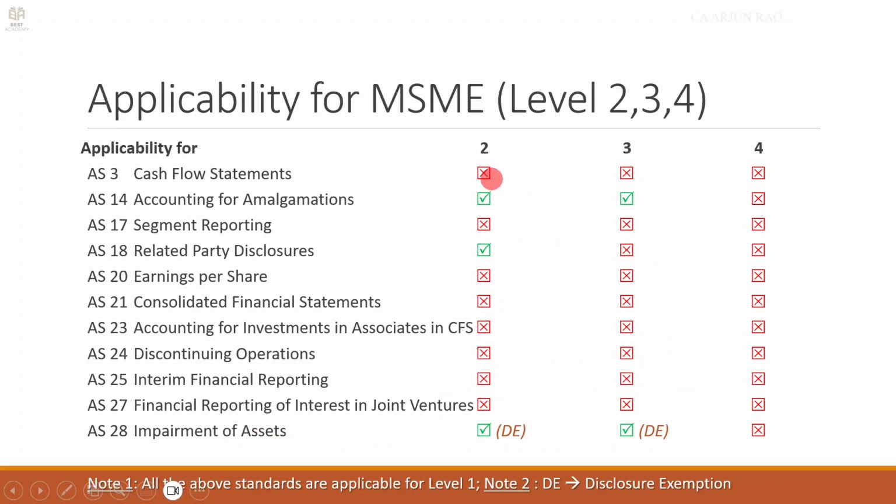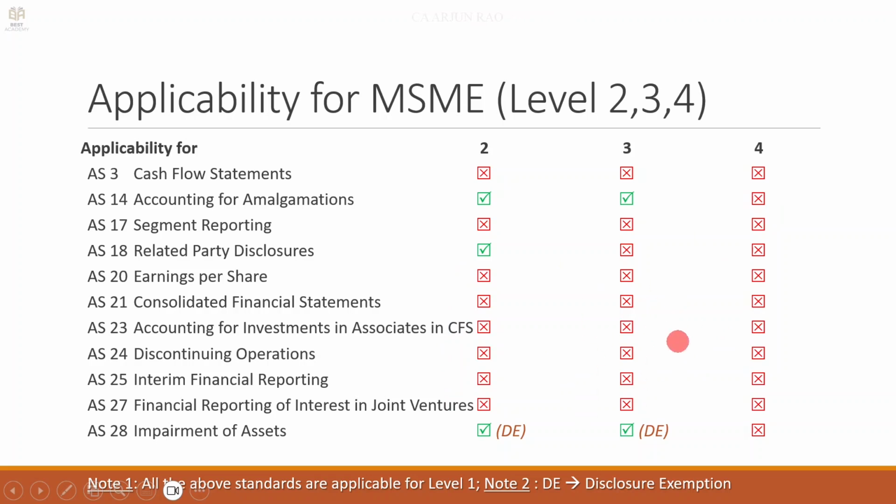In the case of AS 3, the entire standard is not applicable for levels 2, 3, 4. AS 14, the entire standard does not apply to level 4, applies only to levels 2 and 3. AS 17, the entire standard is not applicable for levels 2, 3, 4. Similarly, 20, 21, 23, 24, 25 and 27.